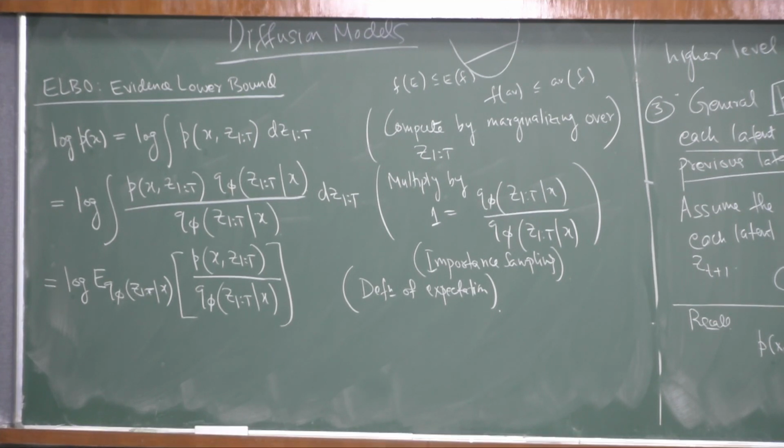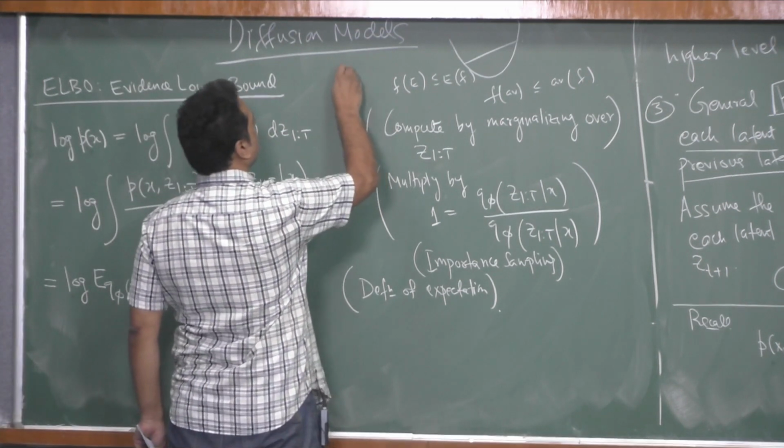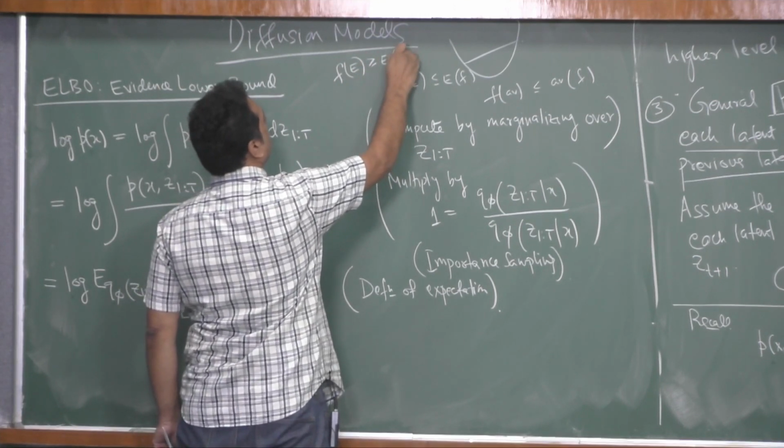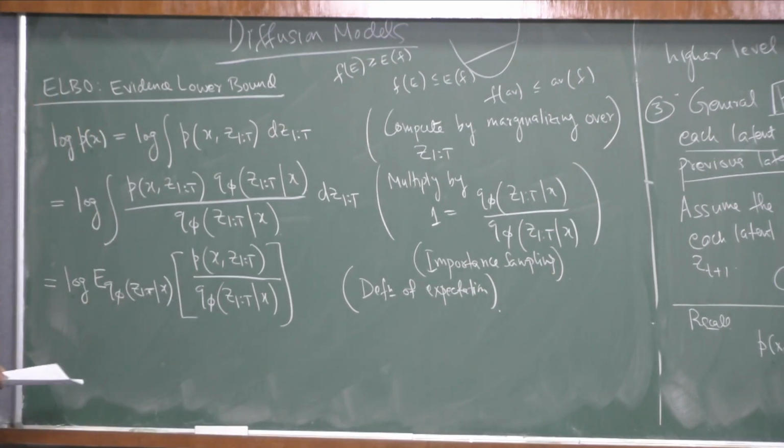In the concave case we first flip this, and it is greater than or equal to the expectation of the f. So we have this form: f of the average is greater than or equal to the average of the f. So this will be greater than or equal to the expectation of the log. That's what we are going to do.